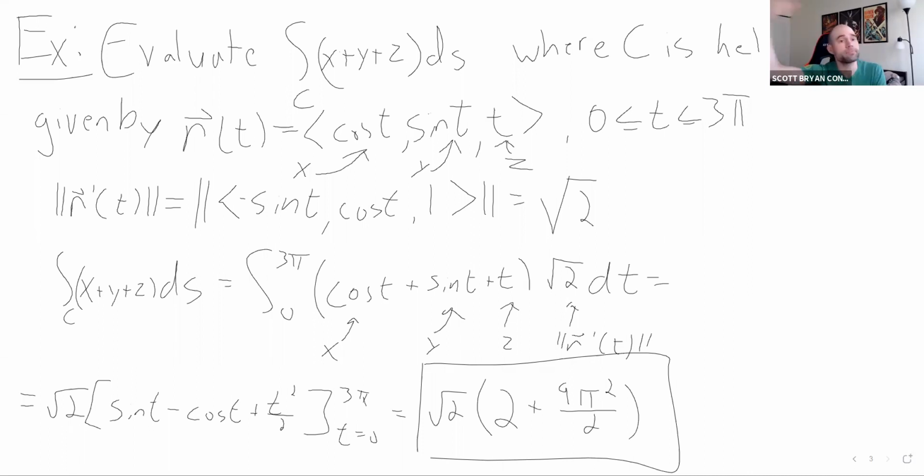Okay, so you parameterize, that's already done for us. You replace x, y, and z with the parameterizations. ds becomes magnitude r prime t dt, and you integrate from a to b. Pretty straightforward. You just need to remember, basically, that ds is magnitude r prime t dt.